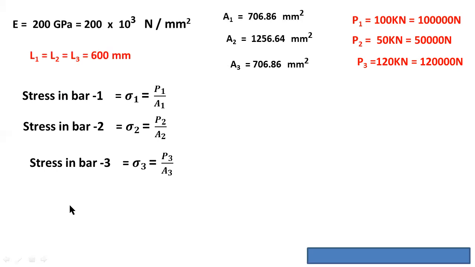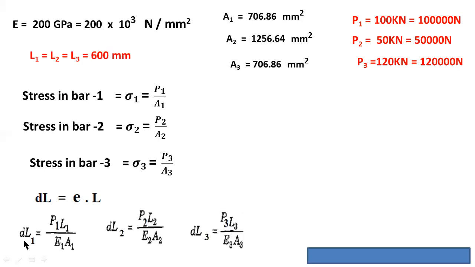Now, we already know the formula for change in length: change in length equals strain in the bar times original length. Here L1, L2, L3 are the original lengths. So delta L1 is the change in length in bar AB, delta L2 is the change in length in bar BC, and delta L3 is the change in length in bar CD.